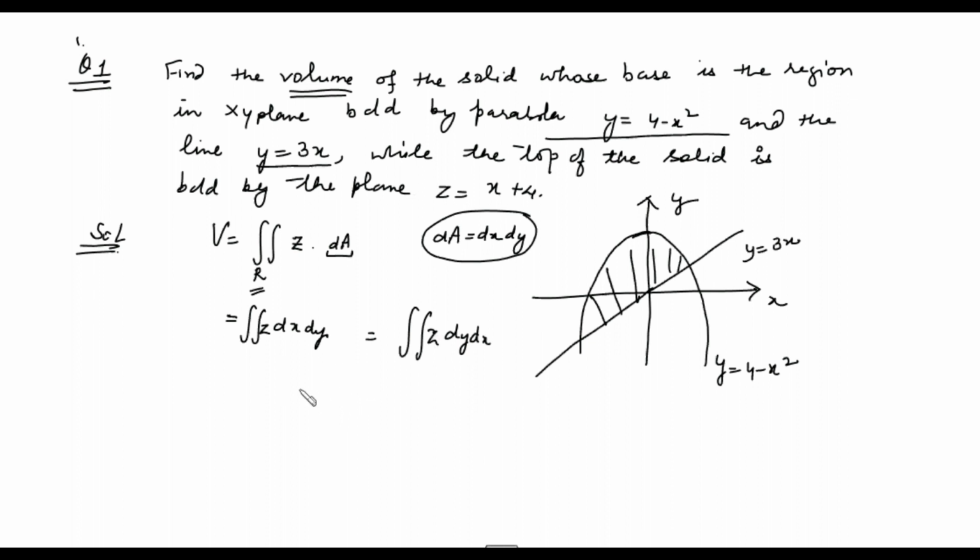Now just see, if we integrate with respect to x first, then what will happen? We want to find out the value of this double integral, so we want to find out the limits. If you take a parallel line to x-axis in this region, the limits vary from here to here, or if you take a parallel line over here, the limits vary from here to this line.